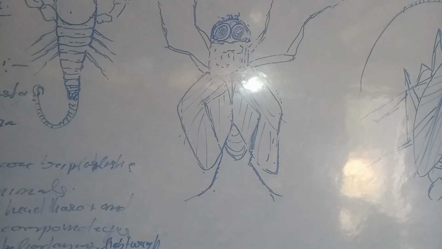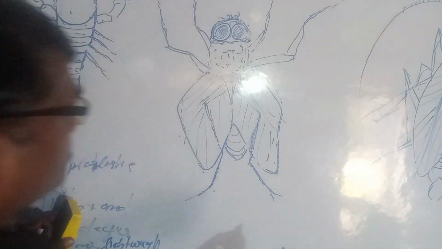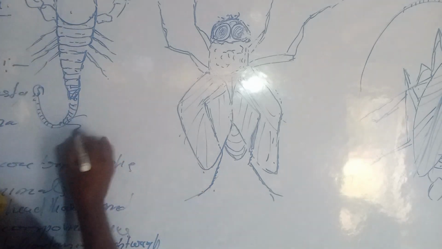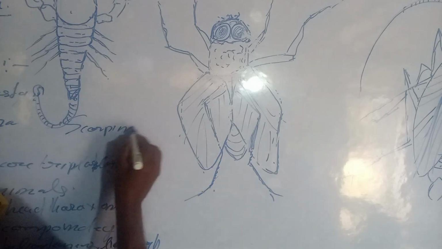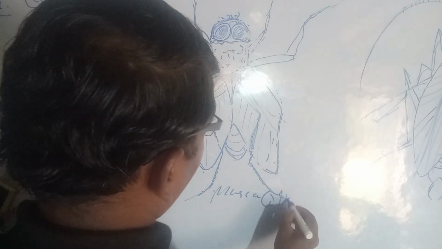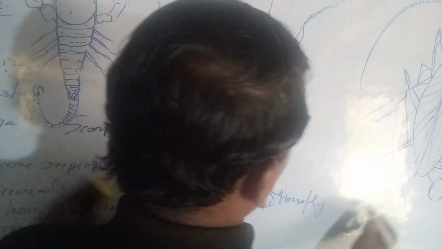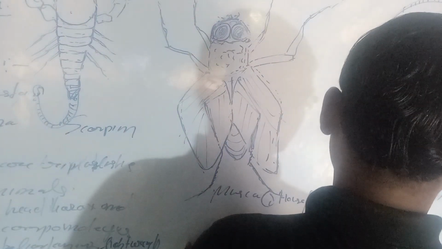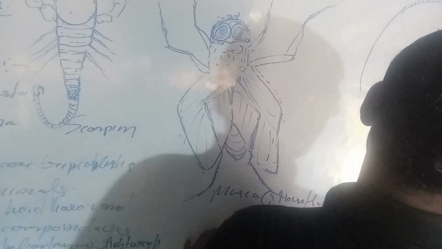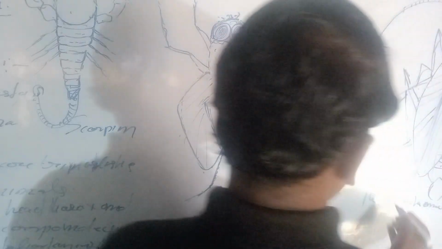Okay, here are the structures, the figures of other animals, the Palaemon or prawn, and this is the scorpion. This is Musca domestica, Musca, that is the housefly, and this is Periplaneta americana, that is the cockroach.